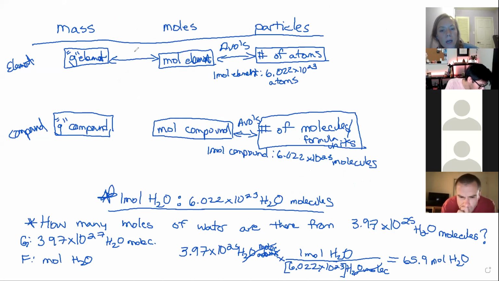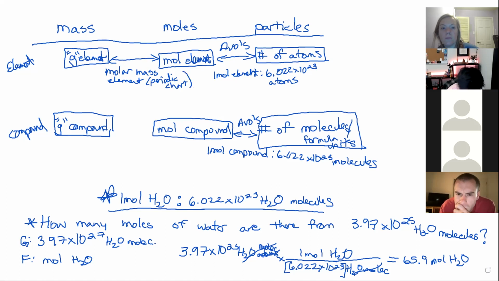That requires a little bit more work. But we know that in order to go from grams of an element into moles of an element, or vice versa, we need to use the molar mass of the element. And if you want to give yourself an additional note, in parentheses, put periodic chart. You know where you're referencing or where you're trying to get this information for molar mass.